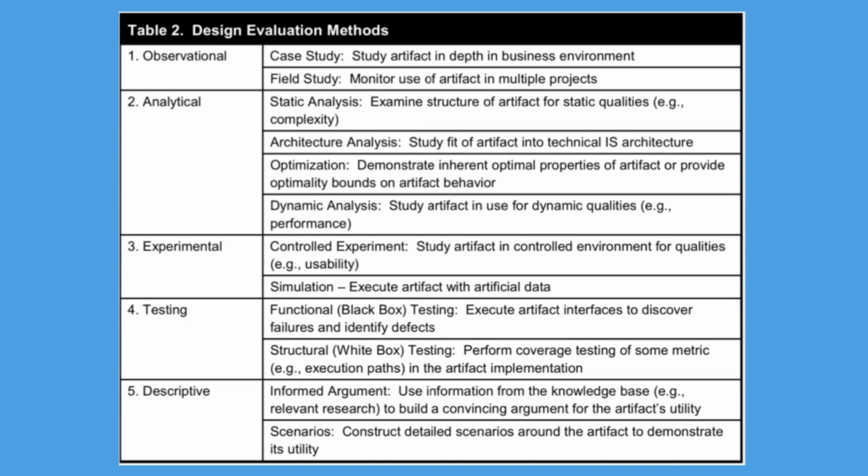The selection of evaluation methods must be matched appropriately with the designed artifact and the selected evaluation metrics. For example, descriptive methods of evaluation should only be used for especially innovative artifacts, for which other forms of evaluation may not be feasible.